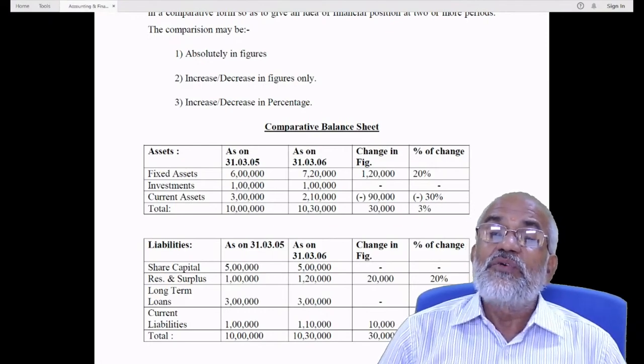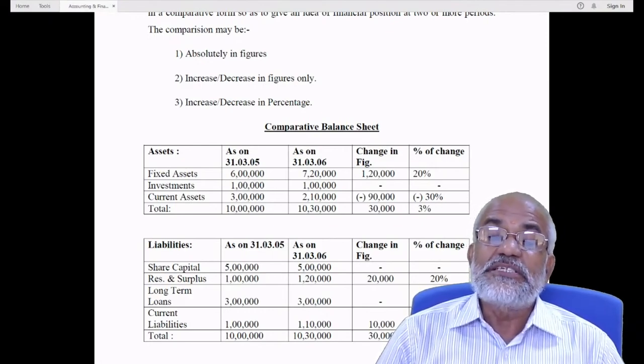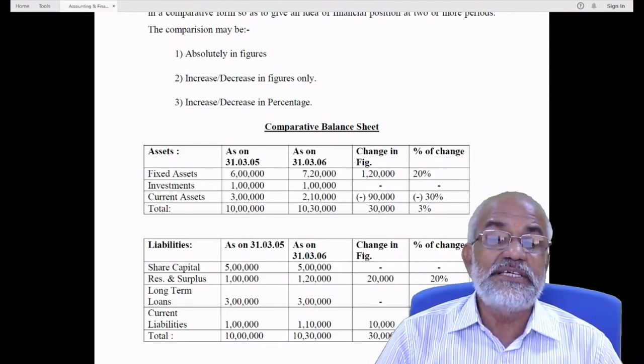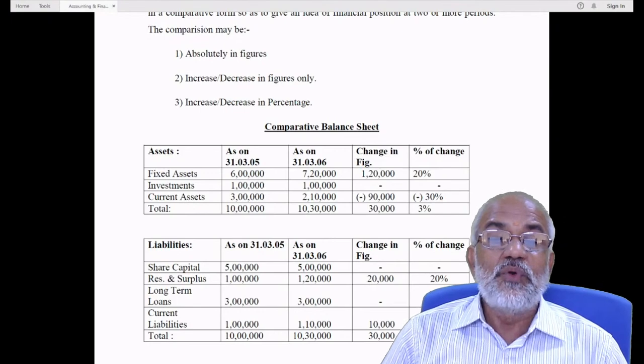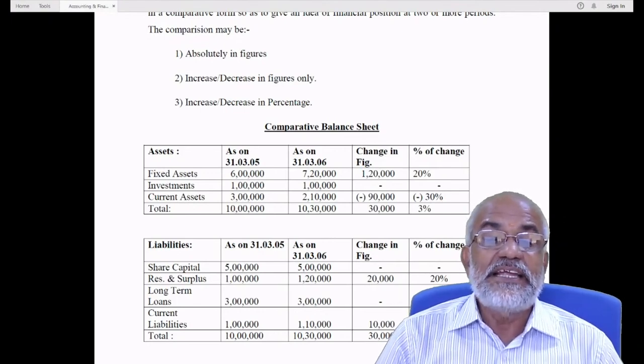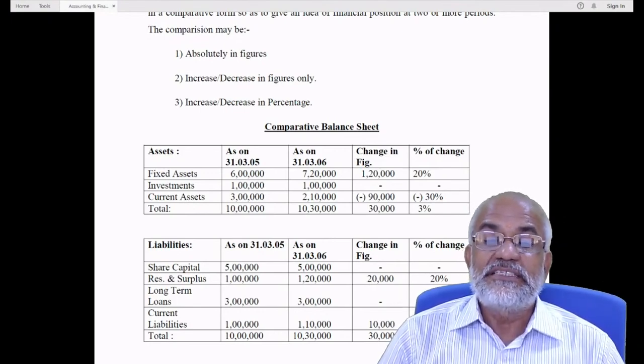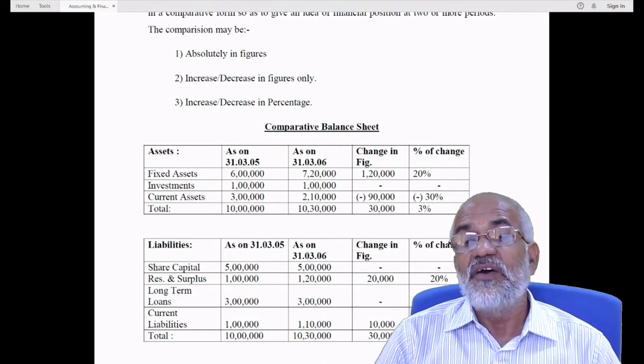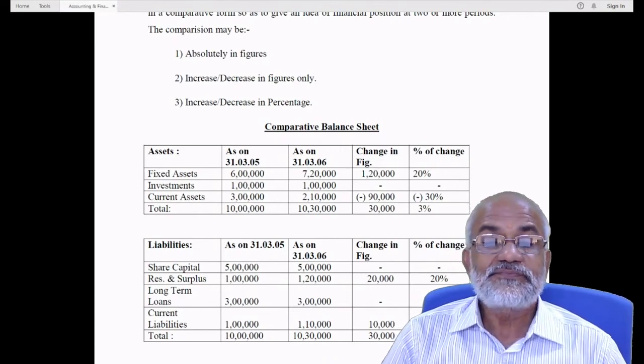And when we talk about the percentage change, it is 20%. The next item in the liability side is long-term loans. It is 3,000 in the first year as well as 3,000 in the second year. So no change either in figures or in percentage.